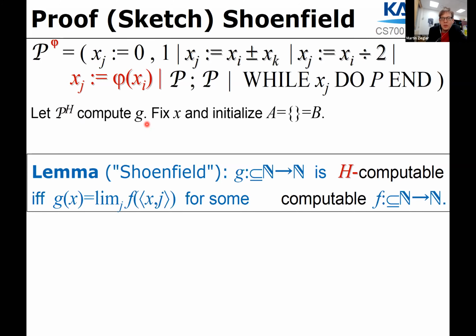And now we need to be able to simulate that program without having access to the halting problem. But on the other hand, we don't need to produce the answer right away, but only output a sequence that eventually converges, that eventually becomes stable and equal to the limit.